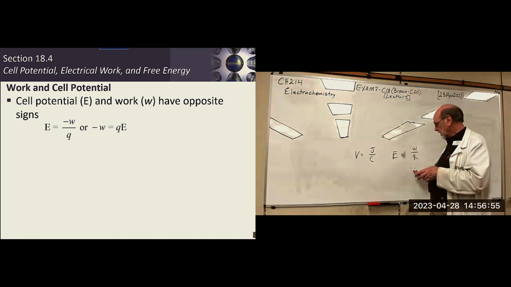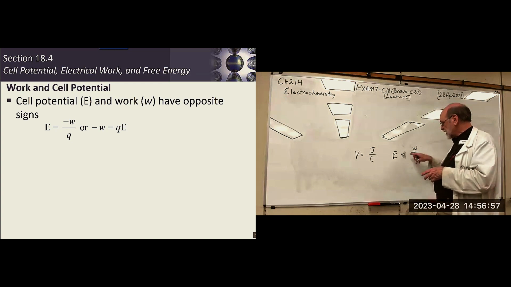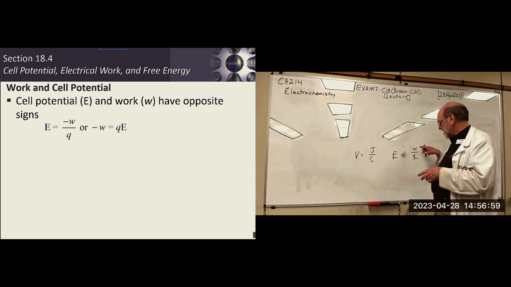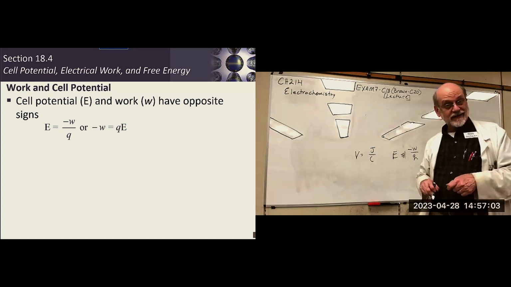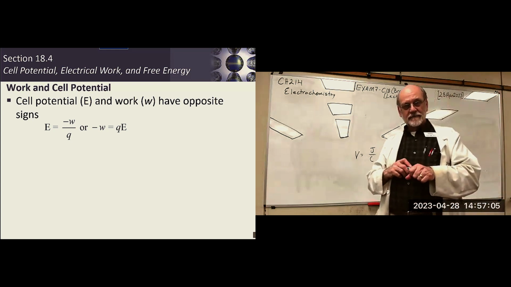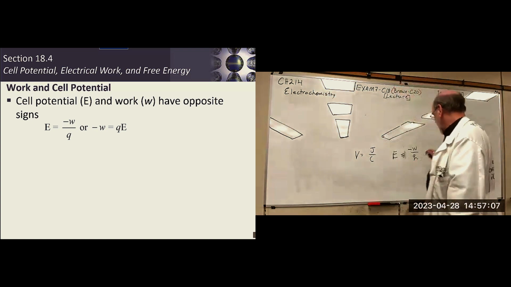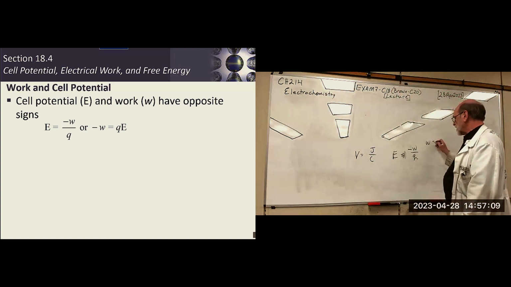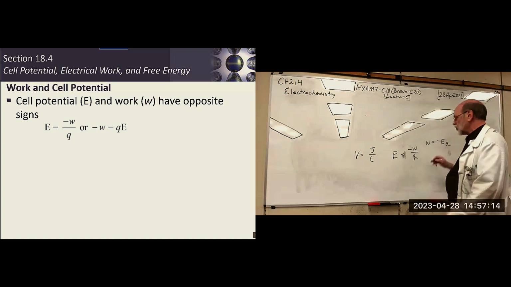If this is going to be positive and this is negative, then to reconcile it, we need to change the sign. So W, if we're solving for W, is equal to negative EQ.